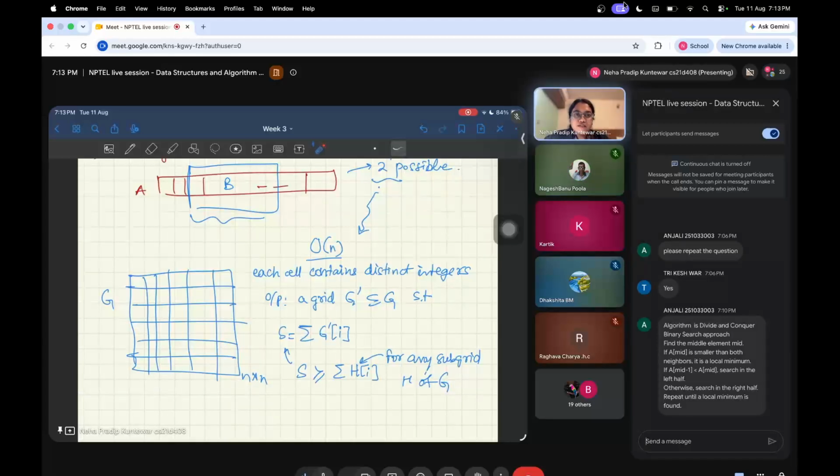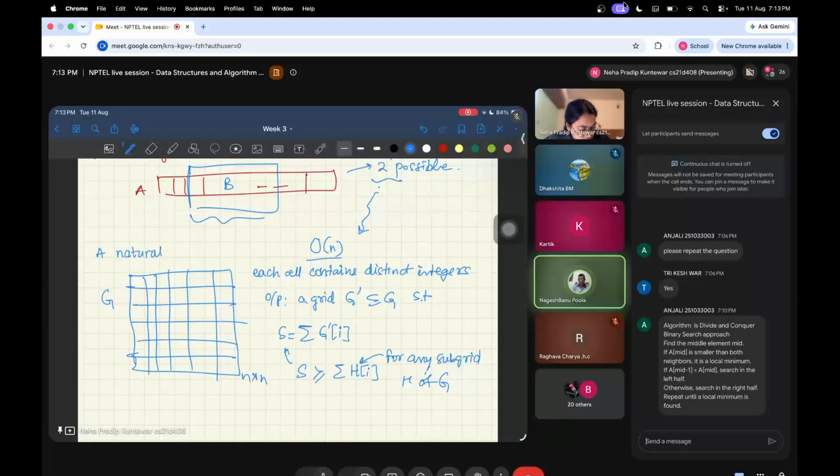So, what is a trivial algorithm? Let's not even worry about a fast algorithm. What is a trivial algorithm to find this maximum sum? Is it factorial n or n to the power of n?